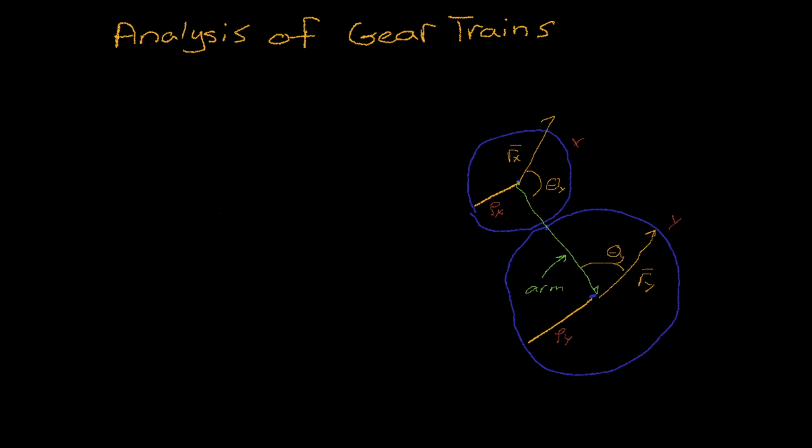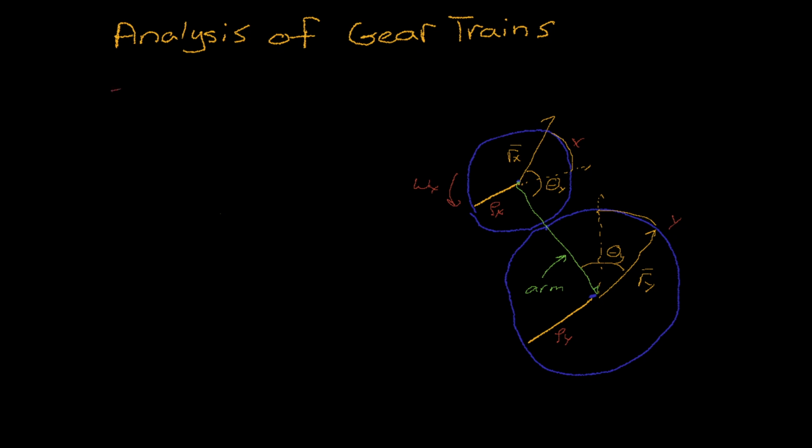We said that X had an angular velocity of omega X, so let's just say that the vector Rx had an initial position here and Ry had an initial position here. So as Ry rotates along here and Rx rotates, we know that these two arc lengths are going to be equal to each other. So we can relate theta X and theta Y through the following equation.